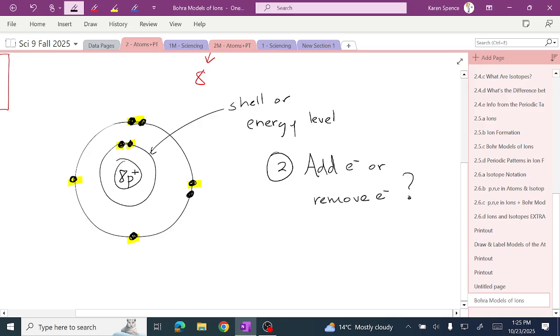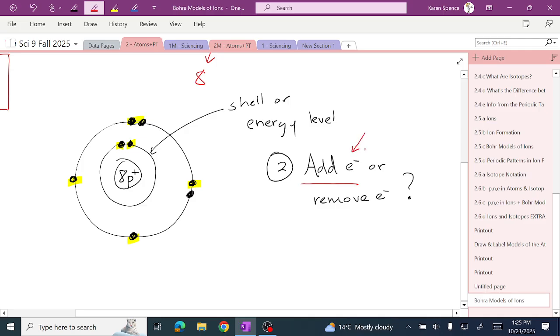Tell your partner, are we going to add electrons to this or are we going to take them away? And how do we know? How do we know if we need to add electrons?